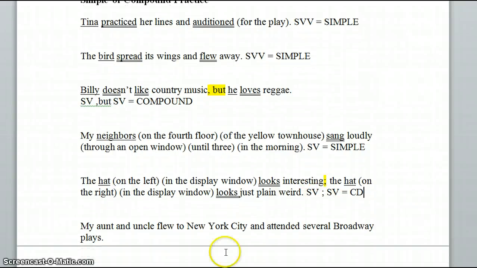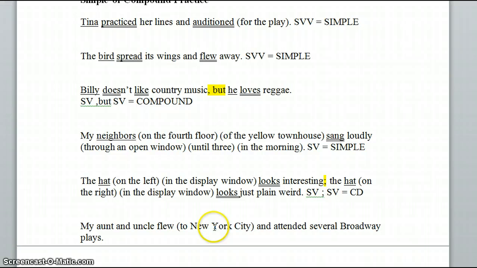All right, last sentence. My aunt and uncle flew to New York and attended several Broadway plays. I will take out the prep phrase. It's out. Now I'm locating the verb or verbs. Flew. There we go. And anything else?